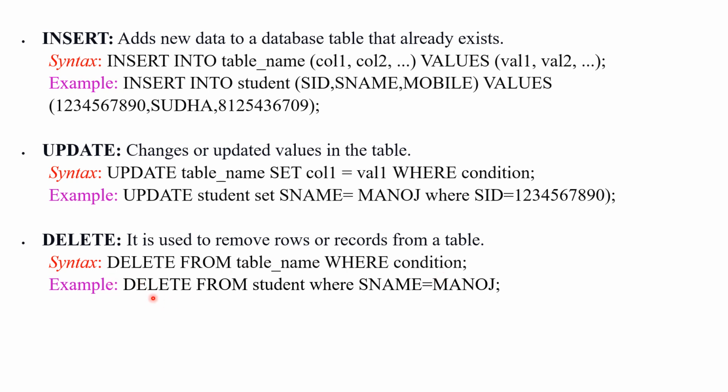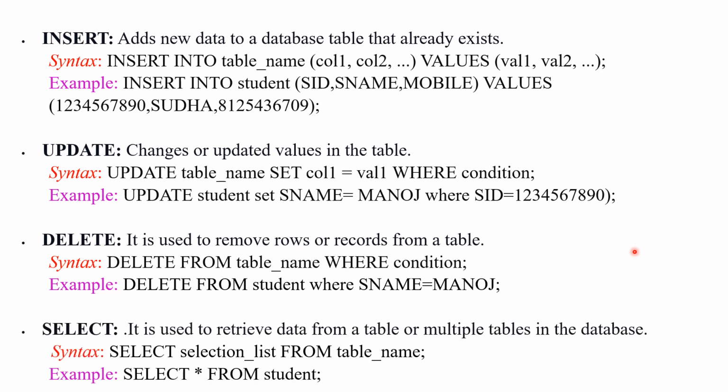The example is delete from student where name is equal to Manoj. Now we are removing the row with the student name Manoj. If there are multiple students with the name Manoj, then all those rows will be deleted from the database.